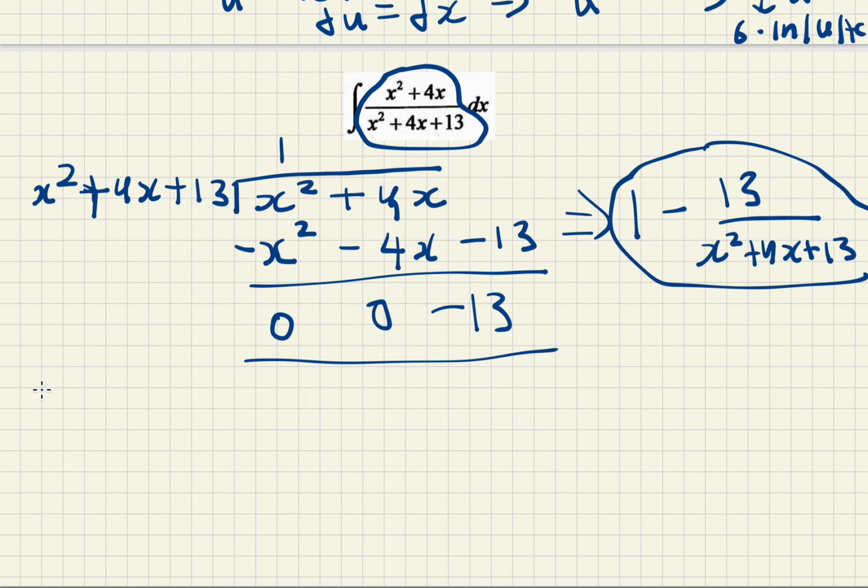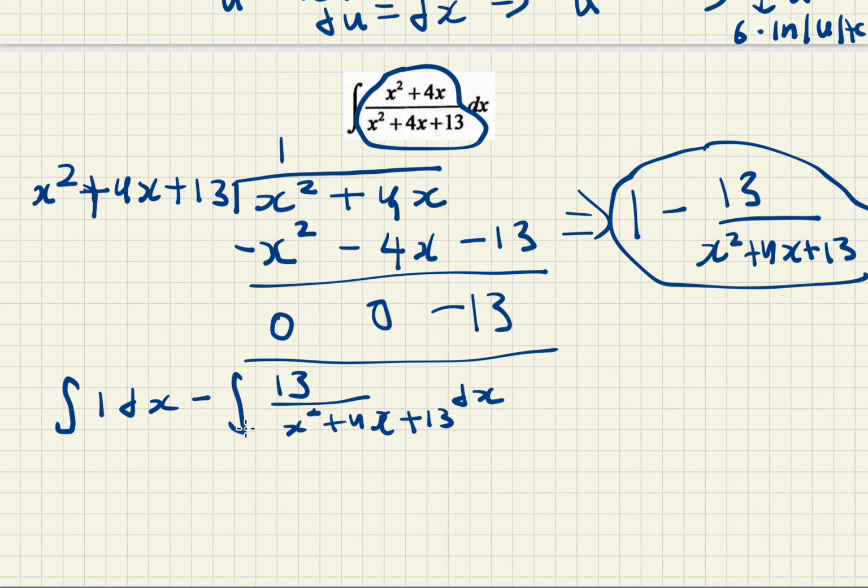From here we can do the power rule for 1, but for this we have to do something different. So we can separate these using the identity. So we can say the integral of 1 minus the integral of 13 over x squared plus 4x plus 13 dx.